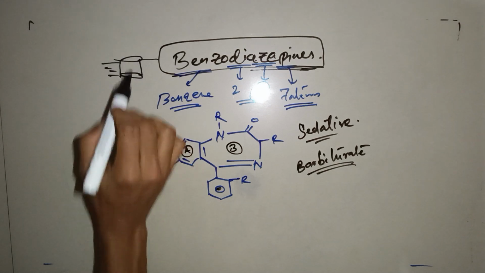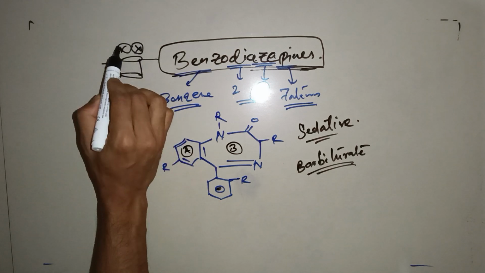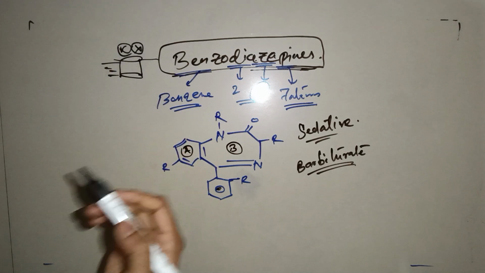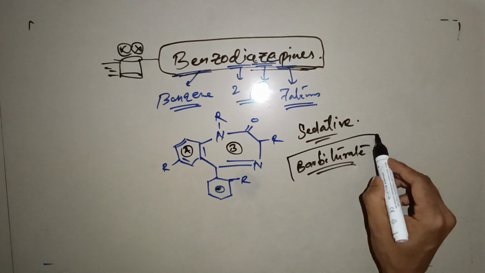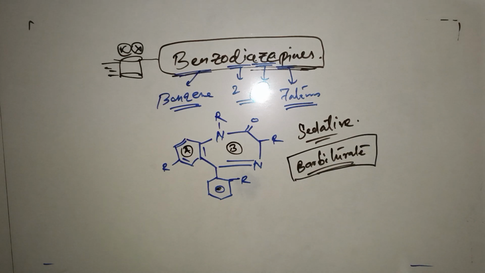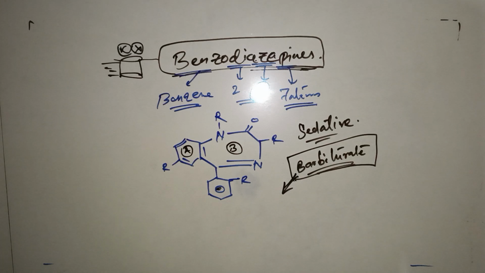So it will open and close, open and close again and again, whereas barbiturate increases the time duration of the chlorine channel. So if barbiturate is used, then for more duration the chlorine channel is opened and chlorine gets inside the cell.